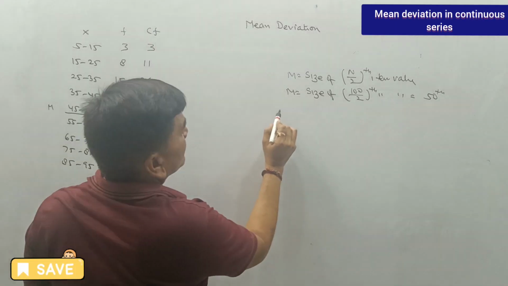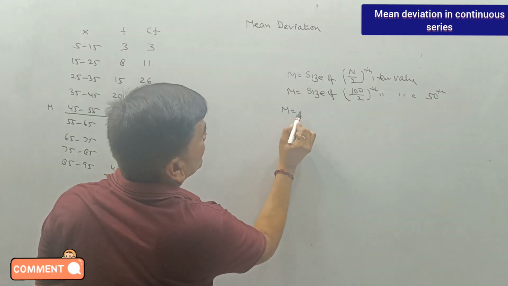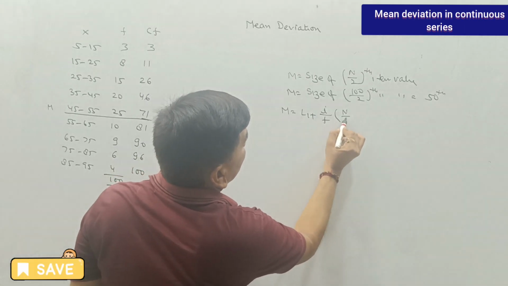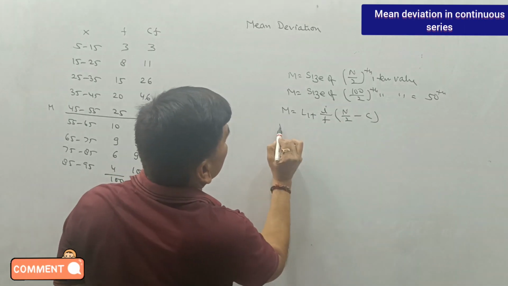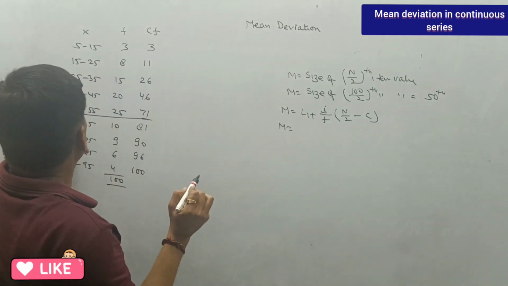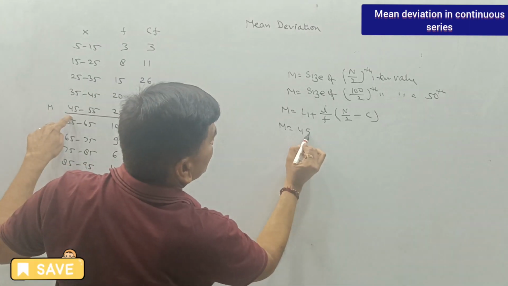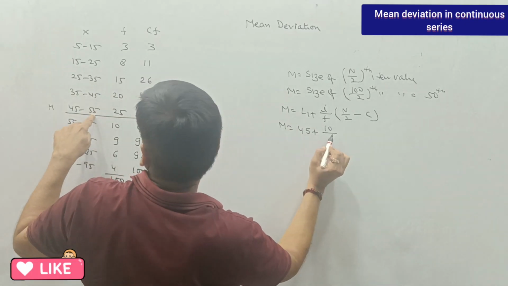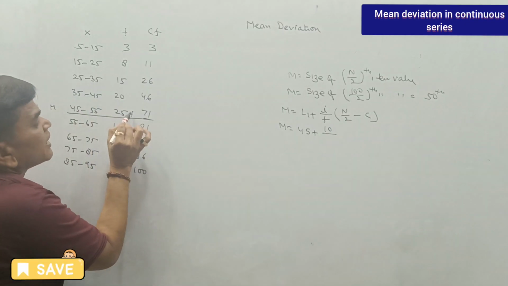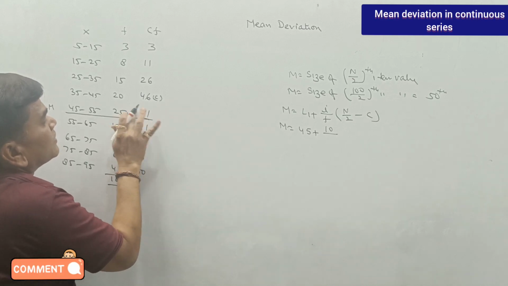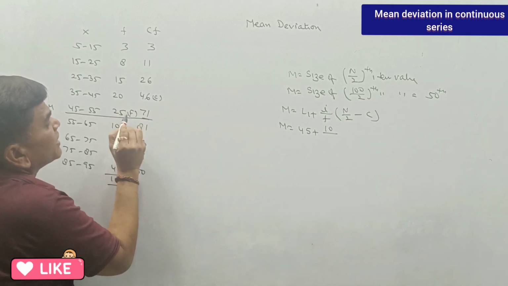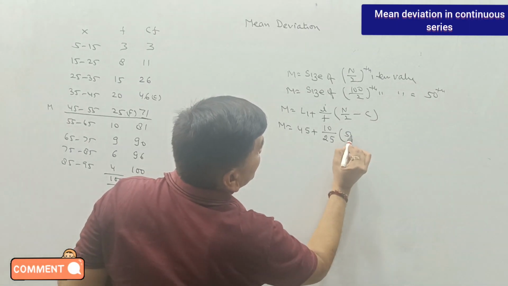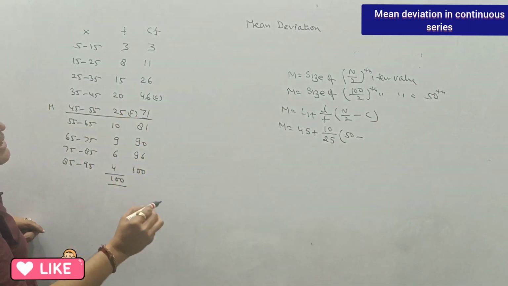For the median, M is equal to L1 plus i upon f times (n by 2 minus c). L1 is the lower limit of the median group, that is 45. i is the class interval of the median group, that is 10. f is the frequency of the median group, that is 25. n by 2 is 50, and the preceding cumulative frequency c is 46.